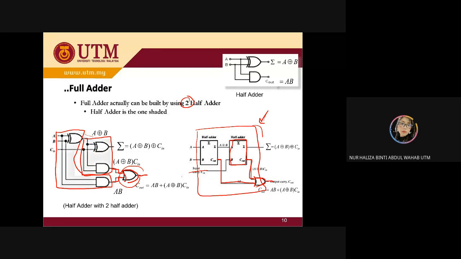This is your full adder. And this is your input A, input B, and your input carry in. This is the output for the sum. This is the output for your carry out. So the combination of two half adders with the OR gate makes this become a full adder.